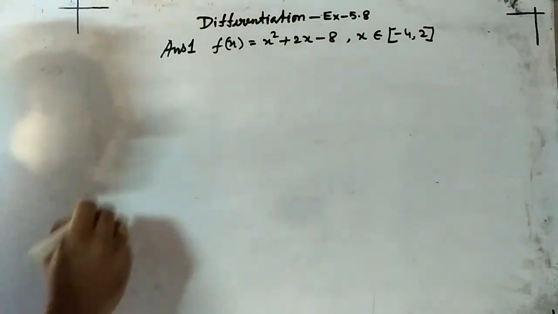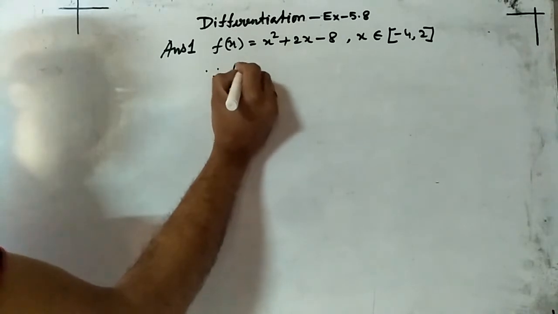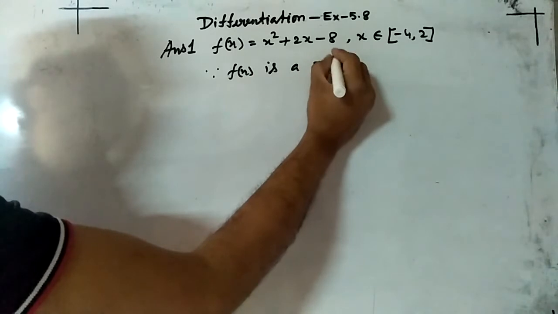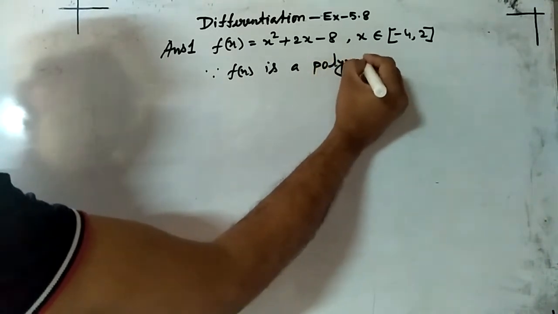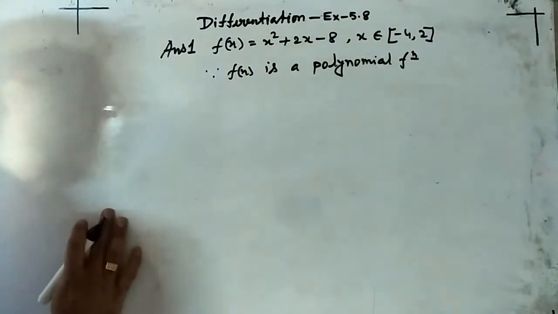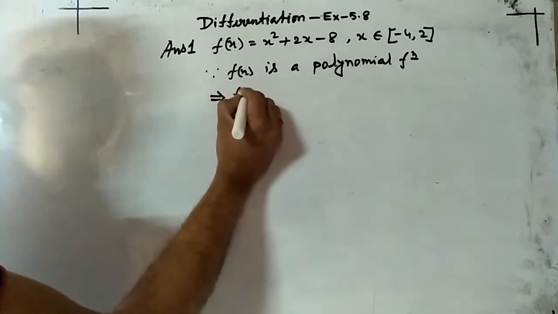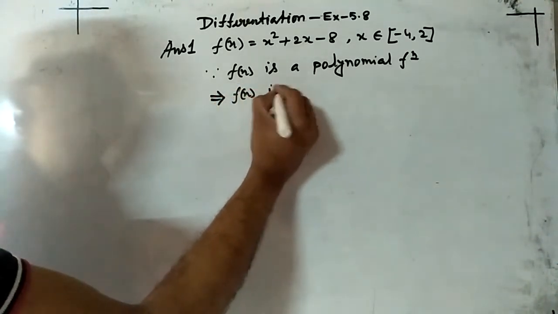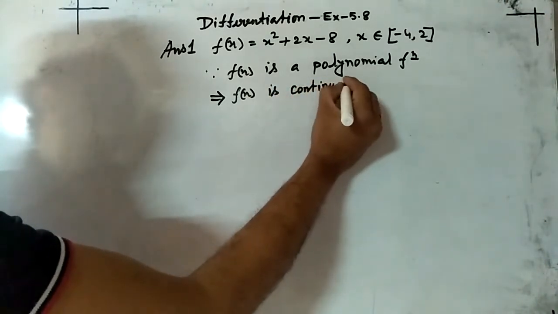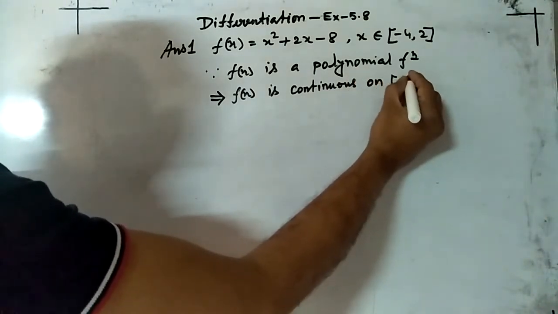So here 3 points we have to satisfy first. Since f(x) is a polynomial function, we can say that f(x) is continuous on closed interval [-4, 2].